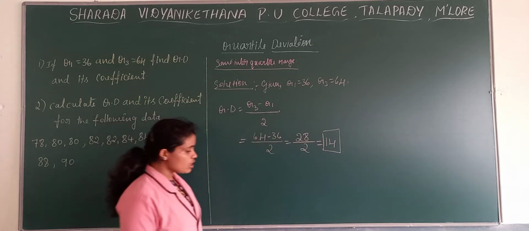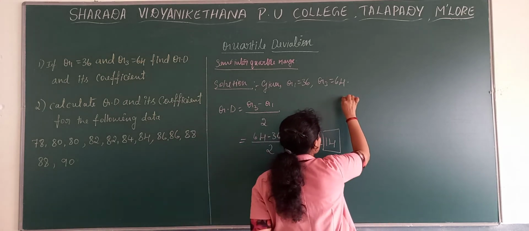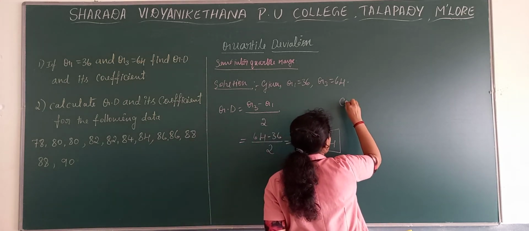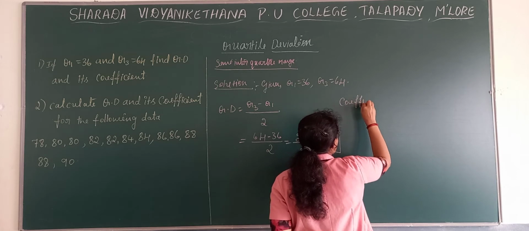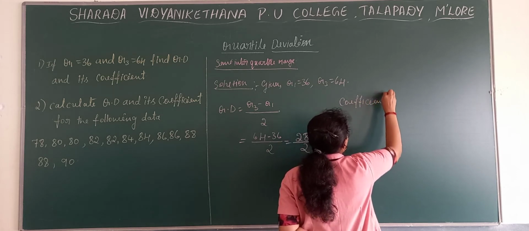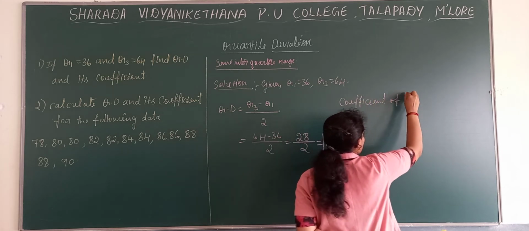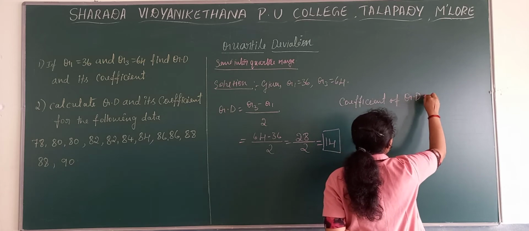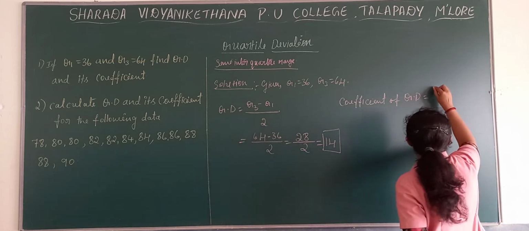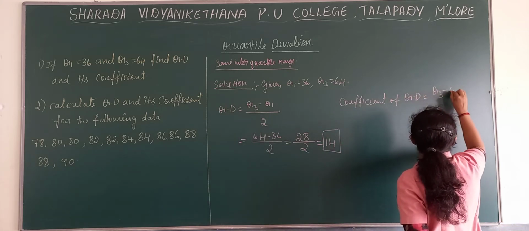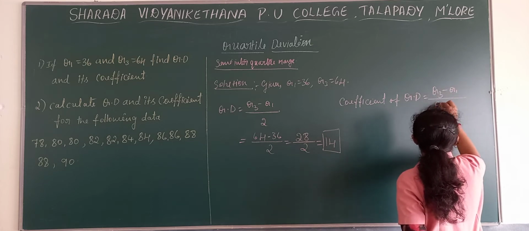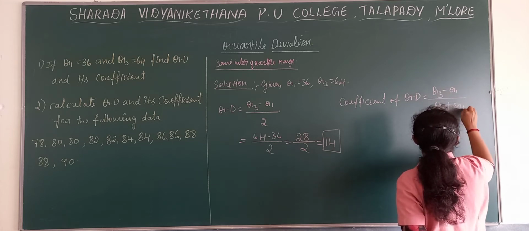And one more question, the coefficient of quartile deviation. Write the formula of the coefficient of quartile deviation. The formula goes like (Q3 minus Q1) divided by (Q3 plus Q1).